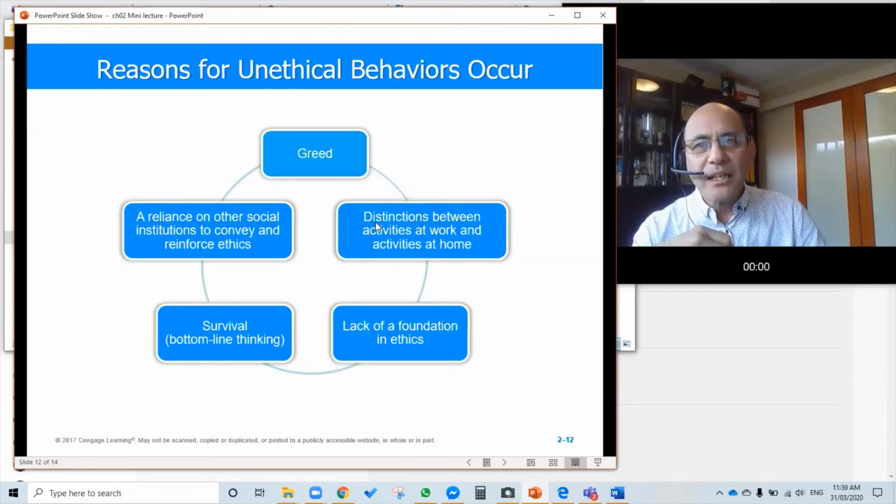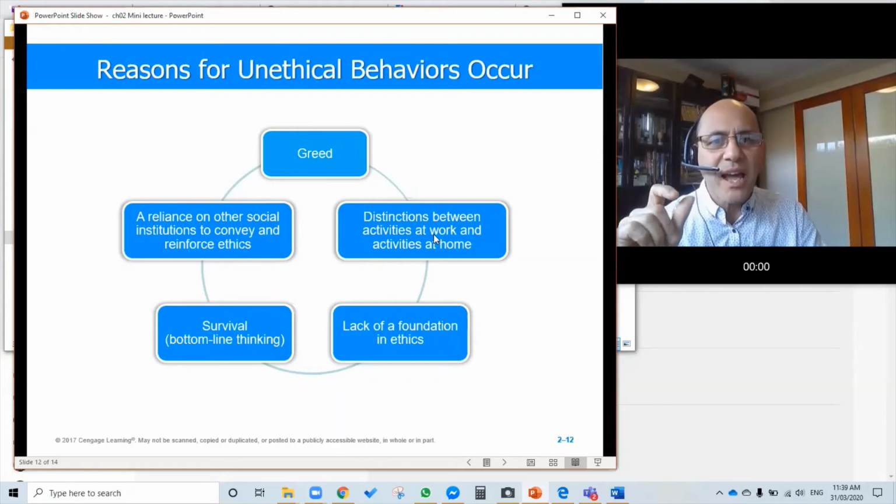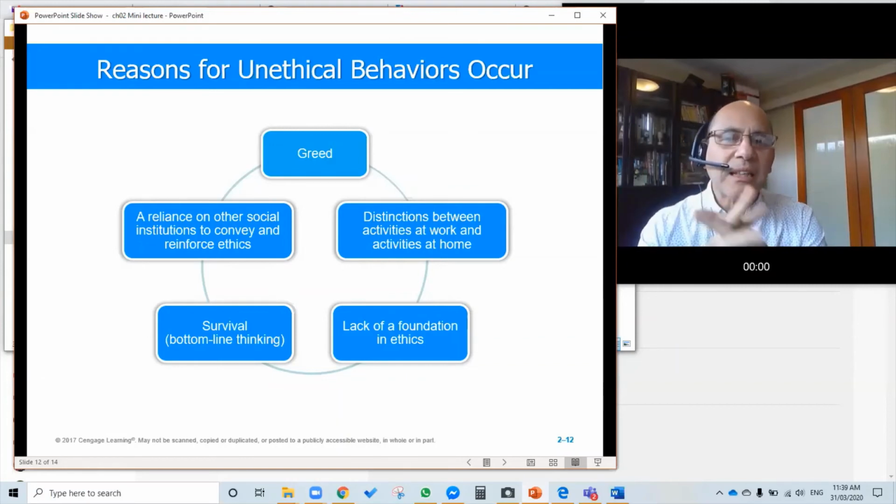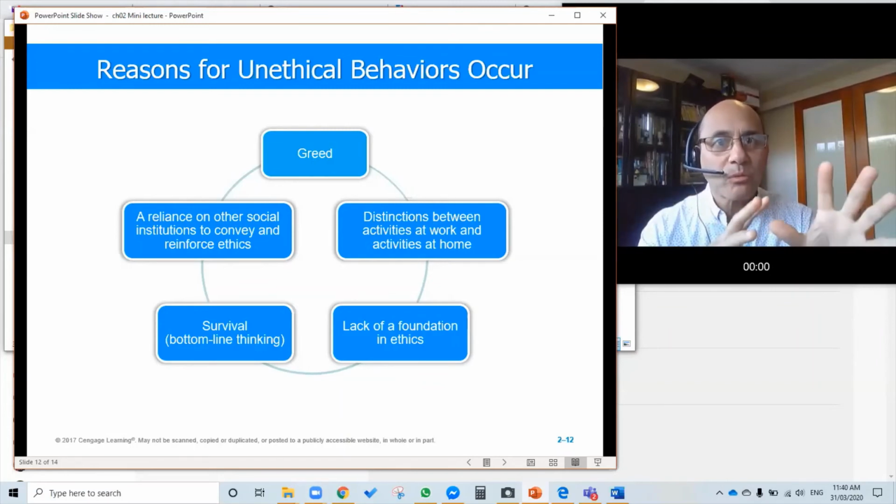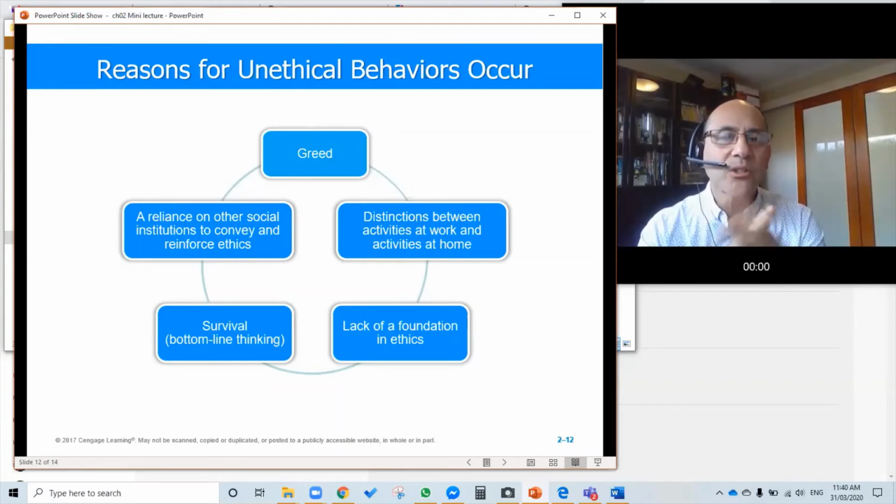Okay, another reason for unethical behavior is that some entrepreneurs differentiate between the activities at work and their activities at home. Many entrepreneurs have families, and they might say, to be a good example for my kids, I want to do the right thing and be ethical, because I want to raise my kids to be good, ethical citizens.